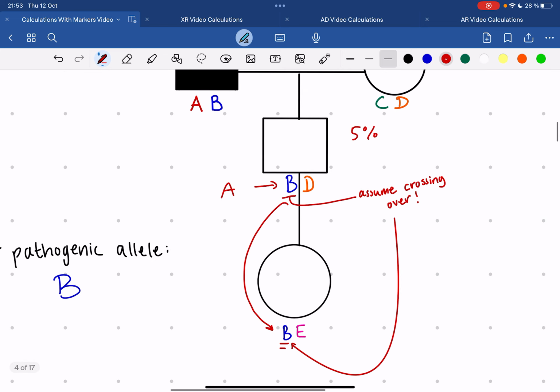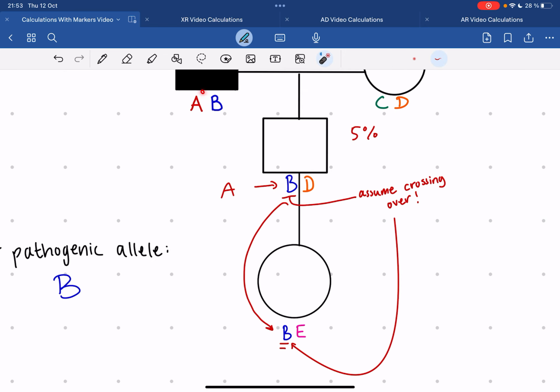So as soon as we make an assumption that this is unhealthy, even though this is originally the unhealthy marker, we have to continue on with that assumption to further generations.